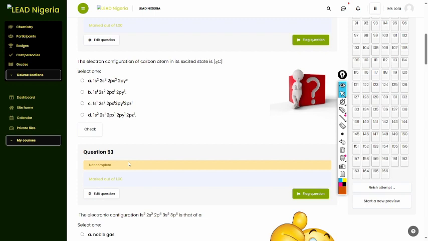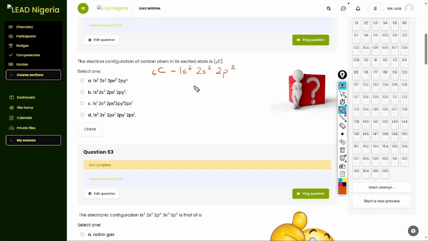All right. The electronic configuration of carbon atom in its excited state. Okay, let's draw out the sub shells for carbon and then figure out what the excited state would look like. Now, carbon, the sixth element, has a configuration of 1s2, 2s2, and 2p2. 2 plus 2, 4, 5, 6.